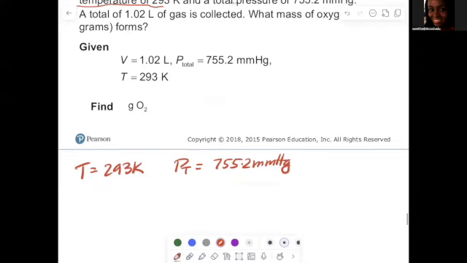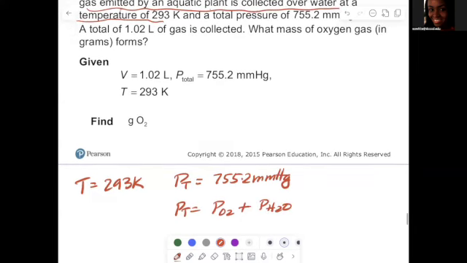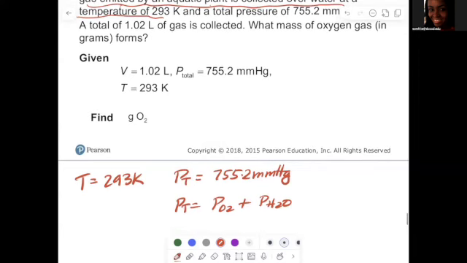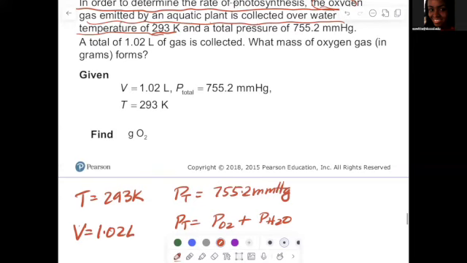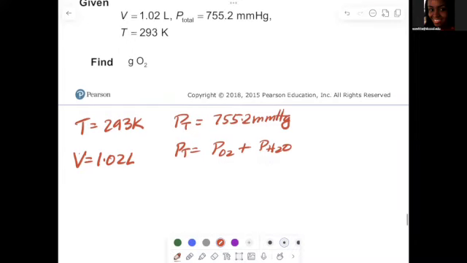So remember, total pressure here, P total will be P oxygen plus P water, just FYI. Okay, let's keep reading. A total of 1.02 liters of gas is collected, right? So I got the temperature, I got the total pressure, and I got the volume. What is the mass of oxygen gas?